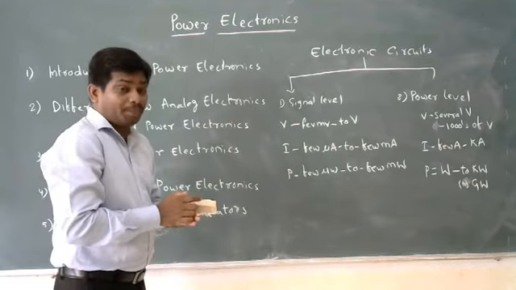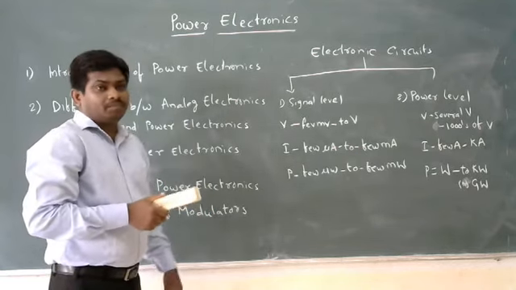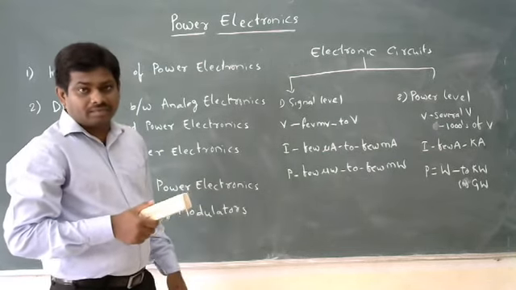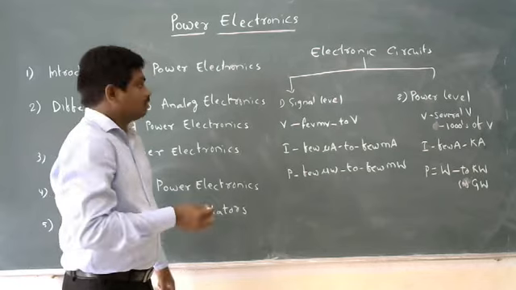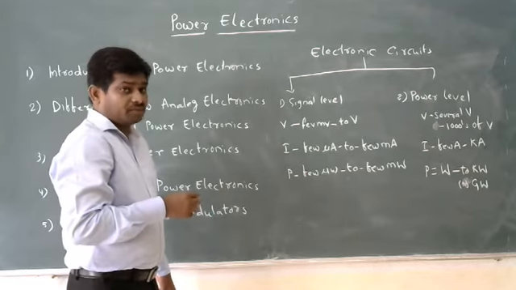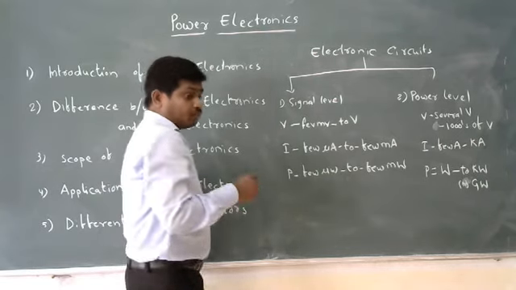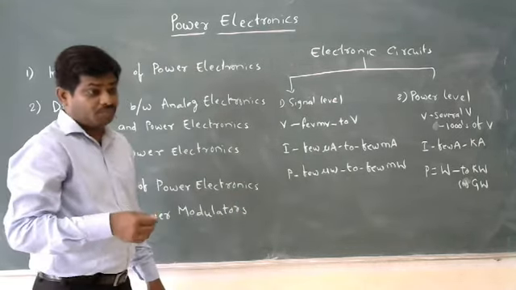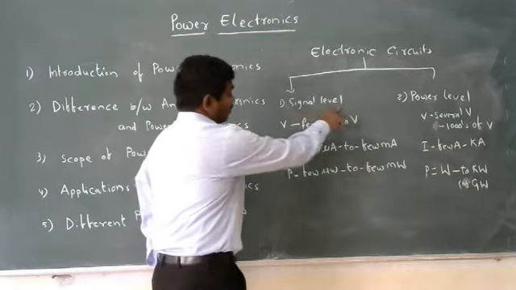The doping which we use for making semiconductor devices determines what we are going to use the devices for. Suppose the doping levels are very low, we use those devices for signal level applications.